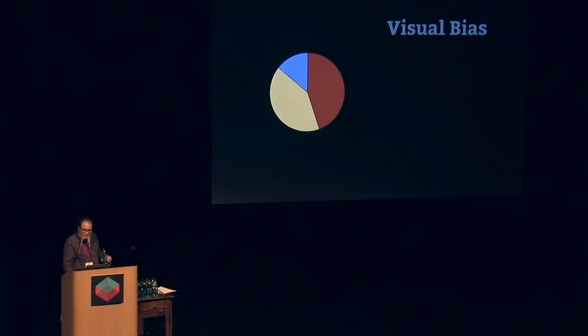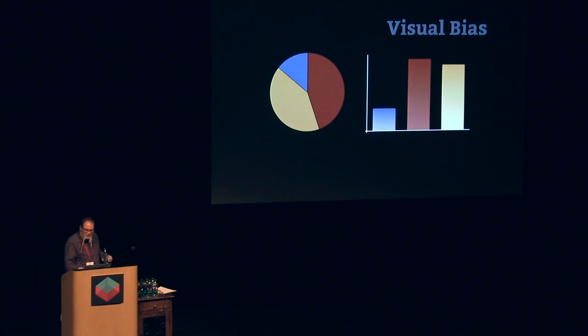So here's another little interesting aspect of when you're presenting information, the visual bias. When you just look at that pie chart, it looks as if yellow is actually about as good as red, and it looks, in fact, in some cases, depending on your impressions, it may even be bigger than red, but it's clearly not, right?